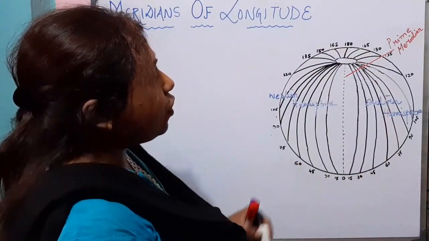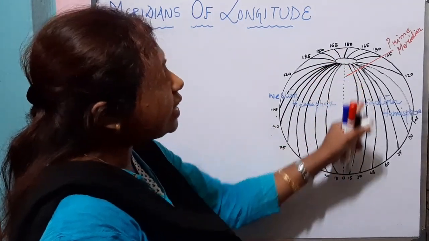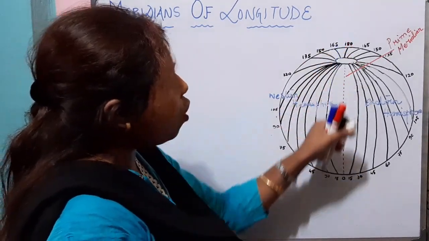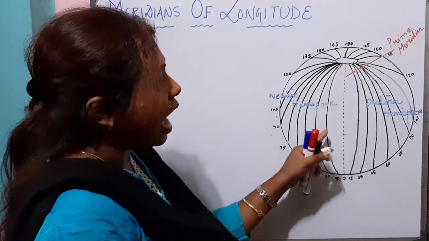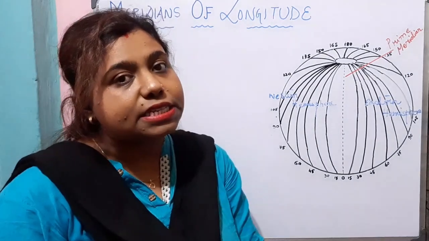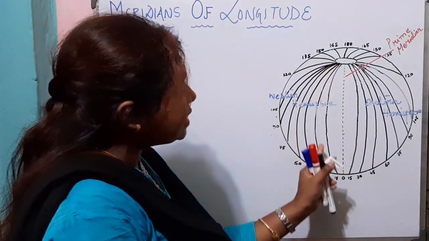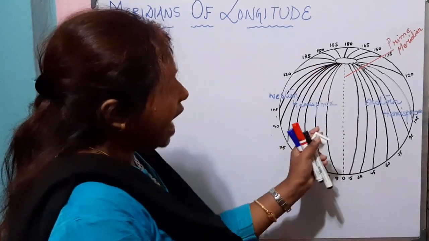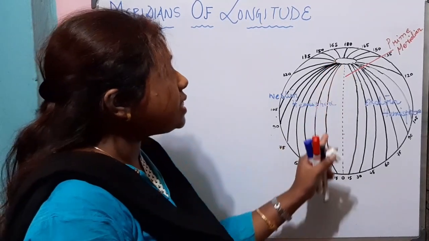Here in this diagram you can see that there are some other imaginary lines drawn on the basis of the prime meridian. These imaginary lines are drawn vertically. Already we have discussed the horizontal and the vertical line. And these lines are not circular, rather they are semicircular.